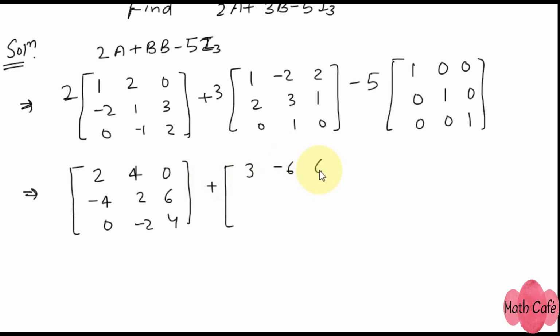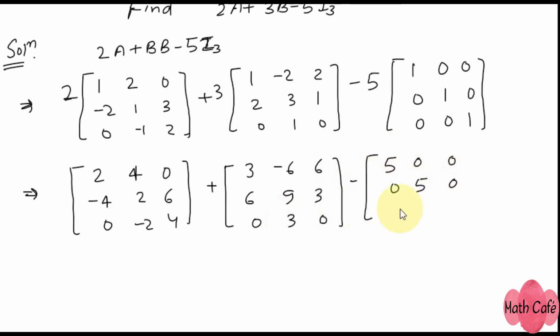Alright, and 3B will become 3 minus 6 6, 6 9 3, 0 3 0. Alright, and minus 5I3 will become 5 0 0, 0 5 0 and 0 0 5.